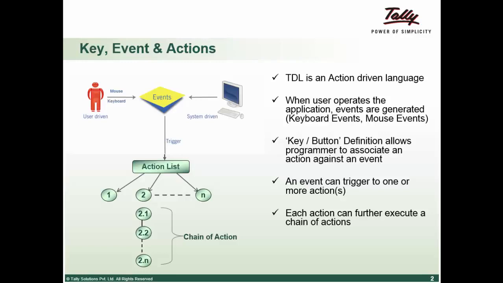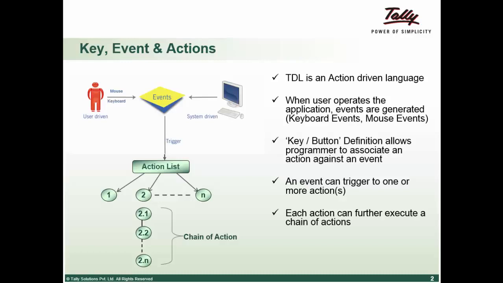An action always originates from a user interface. A button or a key allows the programmer to associate an action against an event. An event can trigger a series of actions. Could be an action or could be multiple actions.